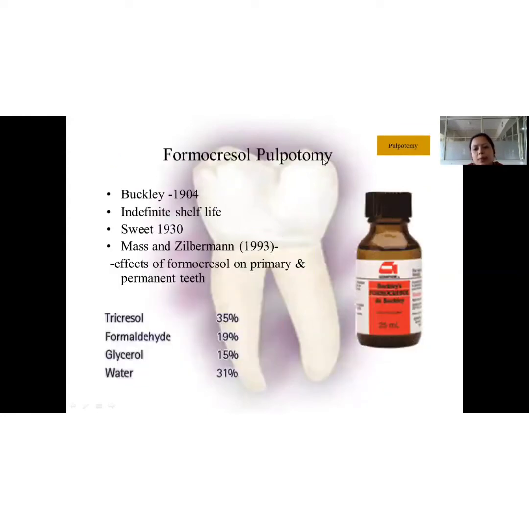Now, formocresol pulpotomy. Formocresol was given by Buckley in 1904. It has an indefinite shelf life. Later studies examined the effects of formocresol. Buckley's formocresol contains tricresol 35%, formaldehyde 19%, glycerol 15%, and water 31%.